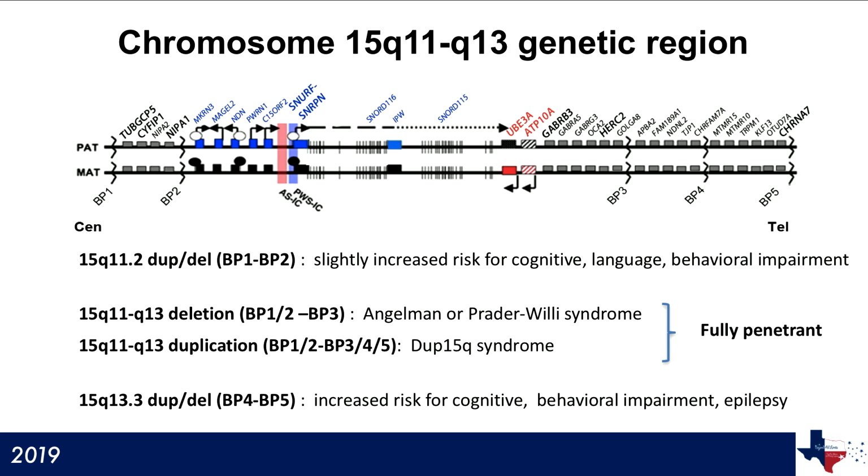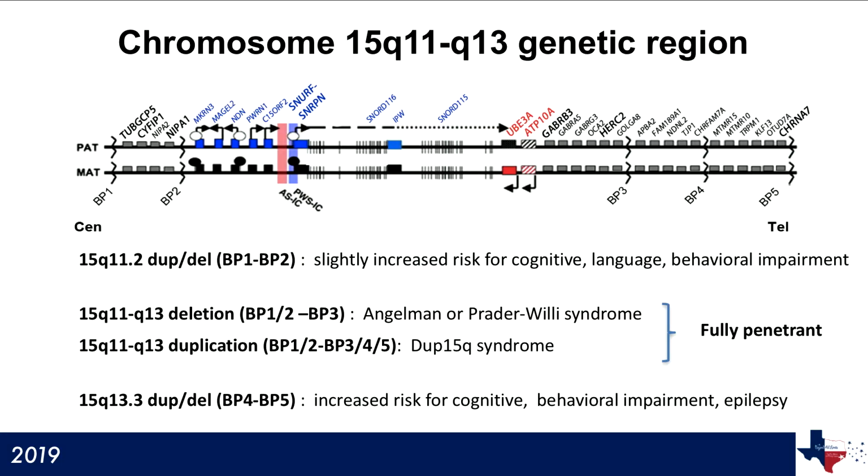So I also want to point out that the duplications that we're talking about here, those that involve breakpoint 1, 2, and breakpoint 3, 4, 5, cause DUP15Q syndrome. And the deletions that can involve the same breakpoints that cause Angelman or Prader-Willi syndrome, these are all fully penetrant disorders, meaning that everybody who has the duplication or deletion is affected with the disorder, okay?